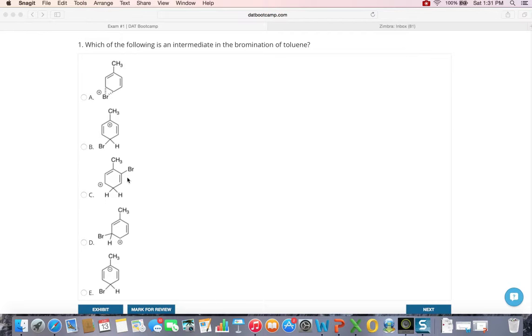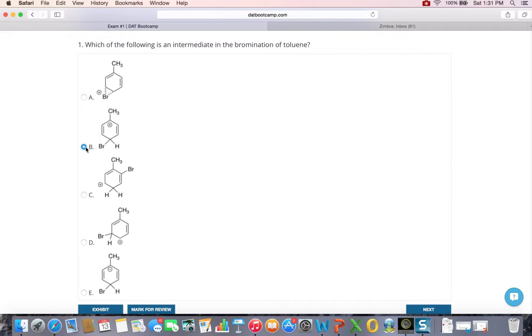The problem with this is that you do have a carbon-hydrogen bond that is made. So C is incorrect. D is incorrect because it's not a meta-director. And E is incorrect because it's not a carbanion equivalent. So B is certainly the best answer. So we're going to go ahead and pick B and move on to the next question.